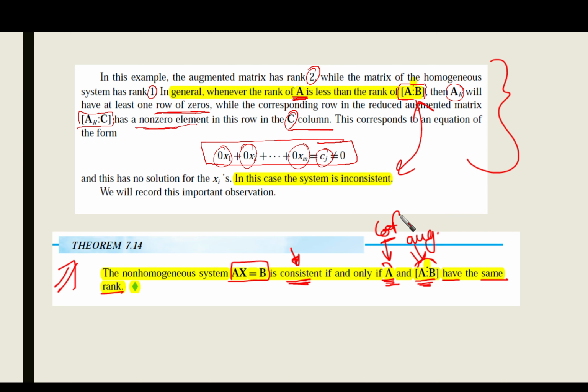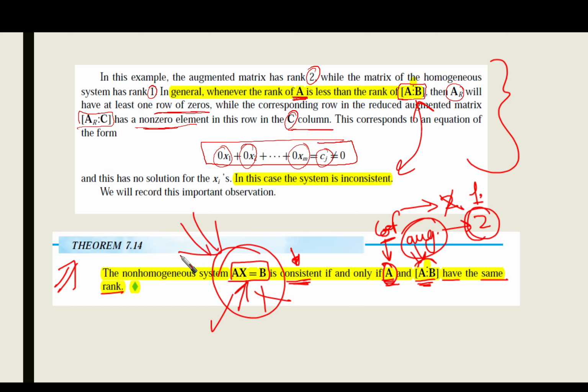So if the rank here is 2 and the rank here is 2, then this system will be consistent and have a solution. But if the rank of the coefficient matrix is 1, for example, and the rank of the augmented matrix is 2, then the system will not work. This system will be inconsistent, meaning that it does not have any solution.